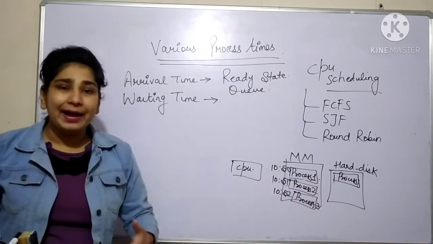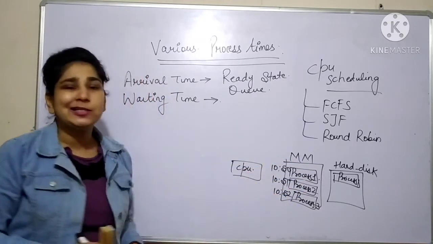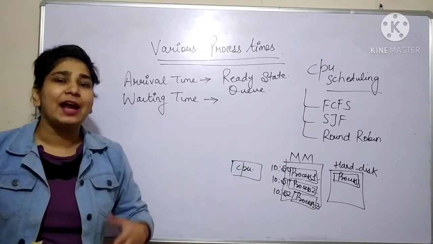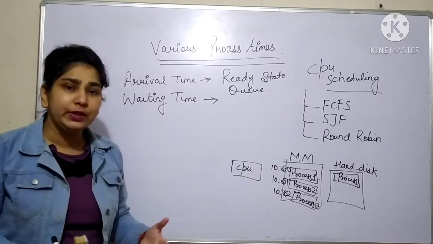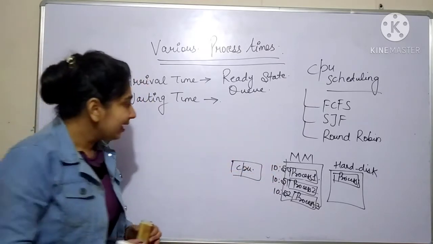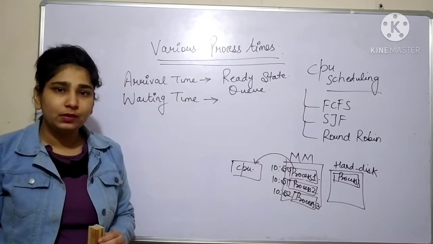Let's suppose I am running all these processes in the first come first serve order. This process has arrived first in the main memory, so I will be executing it first. I am giving this process to the CPU.